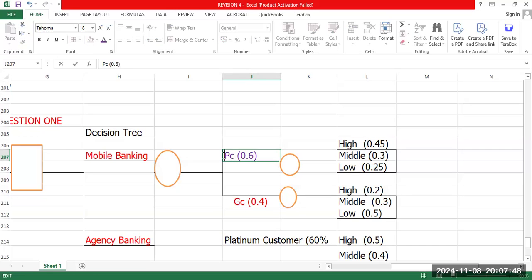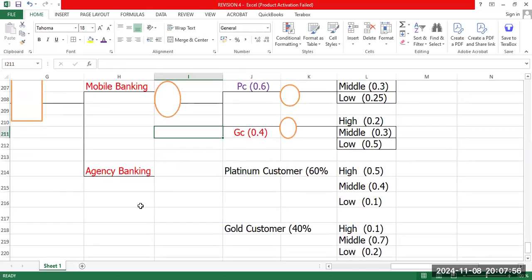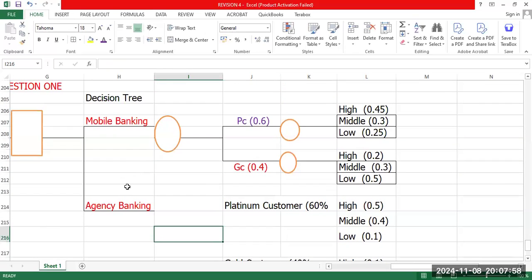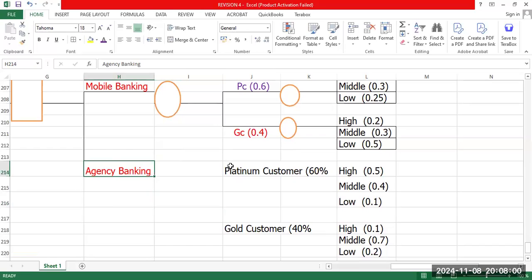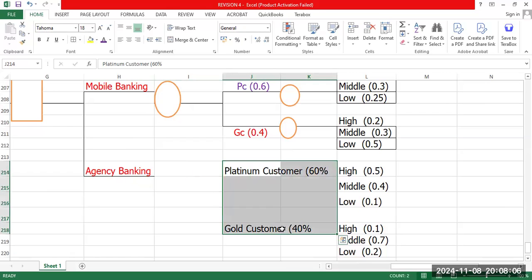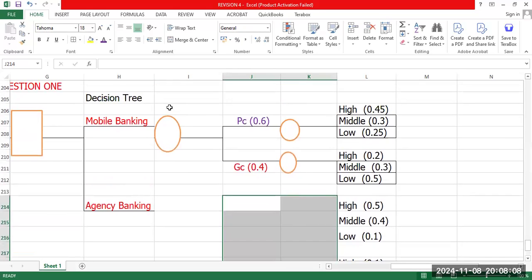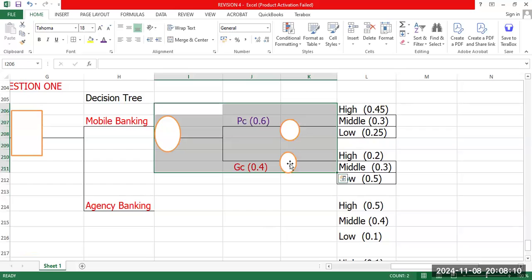I'm done with mobile banking. The same way, I handle agency banking, but it's the same way.